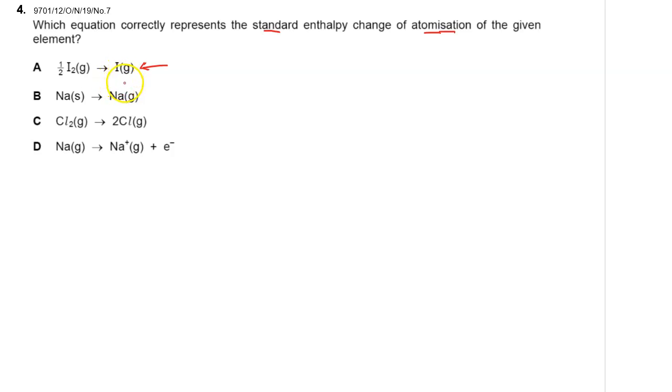Okay, and this is basically both vaporization and atomization. We are looking for atomization of the element. So this is both vaporization and atomization. All right, so that is not correct.